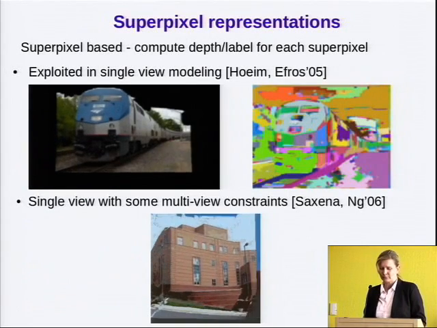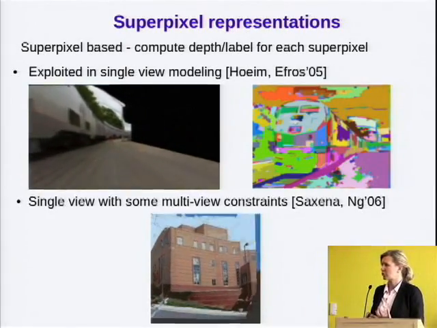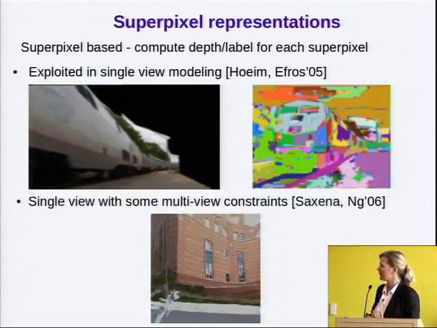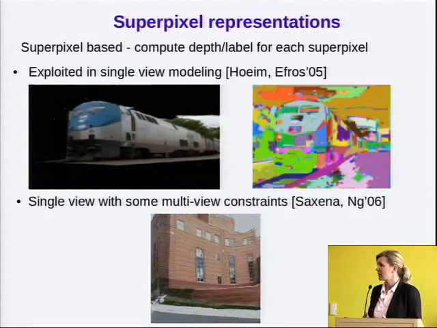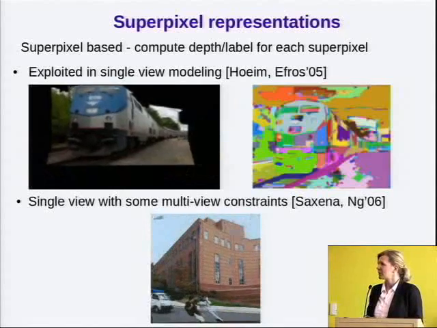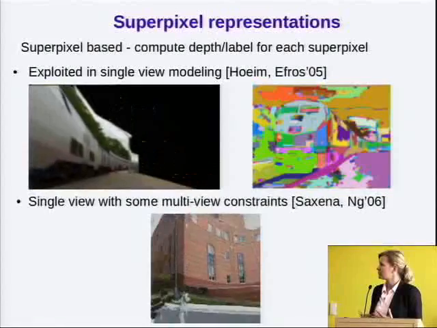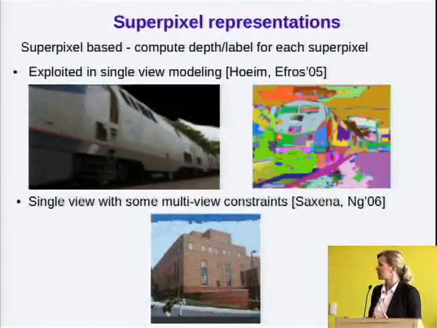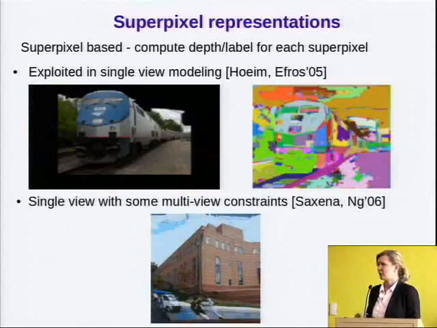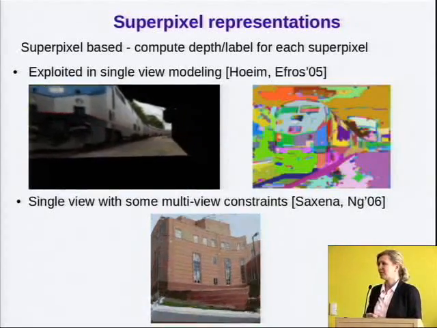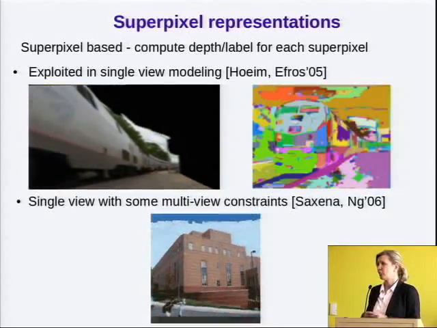Another line of work which motivated us to rethink some of the basic things is the recent developments in single view modeling. The single view modeling techniques, which came out a couple of years back, assume, as opposed to trying to recover the depth per pixel, tried to formulate the depth recovery problem at the level of superpixels.